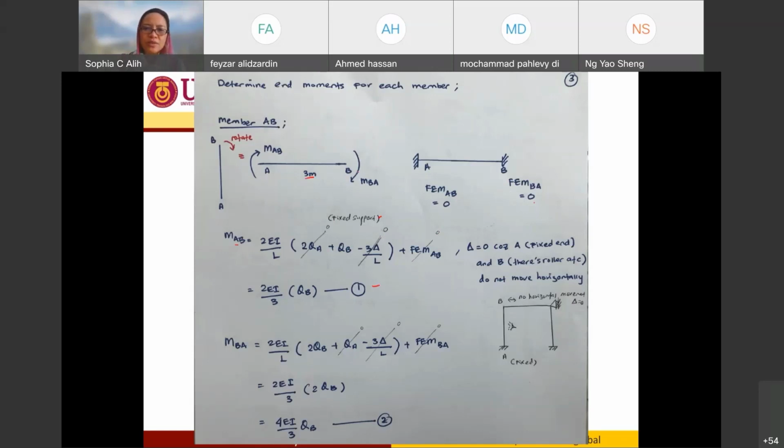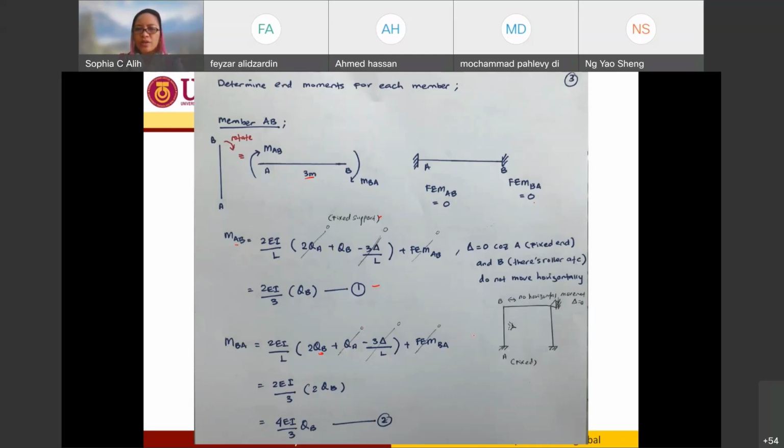Now I need to determine the value of MBA. So for MBA, it's going to be 2EI over L times 2 theta B, plus theta A, minus 3 delta over L, and plus FEMBA. Since there is no theta A, because it's a fixed end, I cancel out 0.